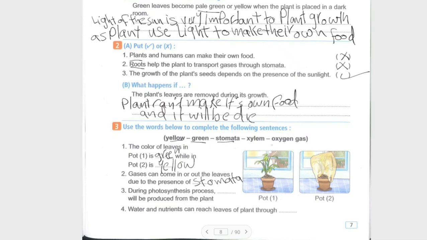Our answer is oxygen gas. Number 4, water and nutrients can reach leaves of plants through xylem. That finishes the assessment on lesson 3, and we move to the assessment on lesson 4.